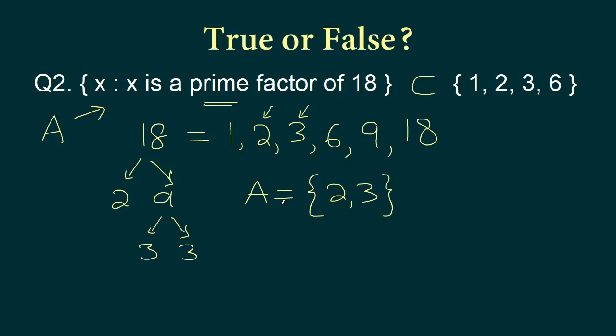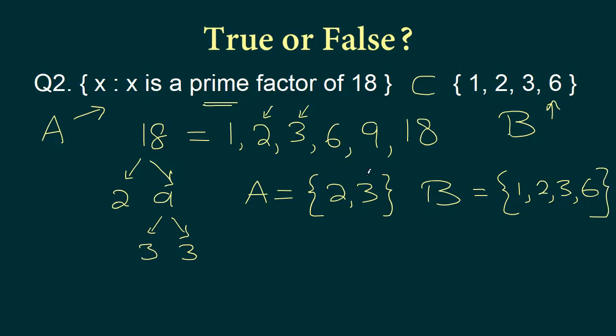The question now becomes, and let's call this set B, is this a subset of 1, 2, 3, 6? We see that set A contains elements 2 and 3, and both 2 and 3 are present in set B. So we say yes, indeed set A is a subset of B. So this will again be true.